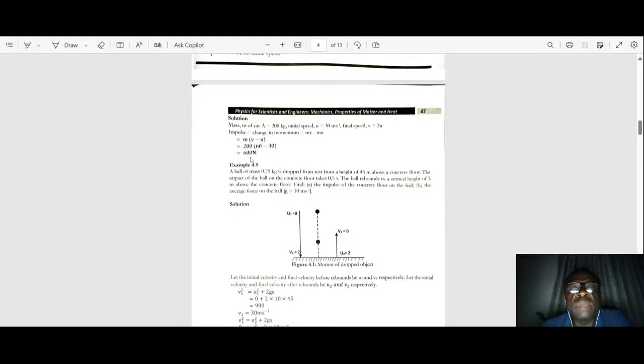Please correct this, if you have your pen there, correct it. Multiply 200 by 30, because 60 minus 30 is 30. Multiply by 200 should give you 6,000 Newton. Hope you can.